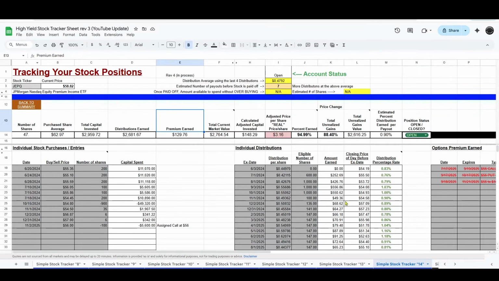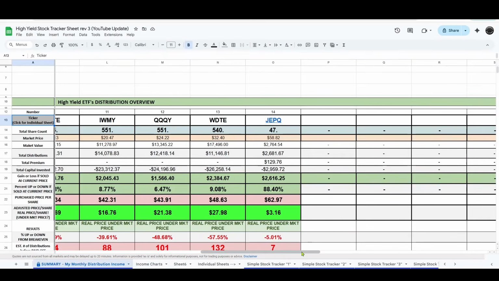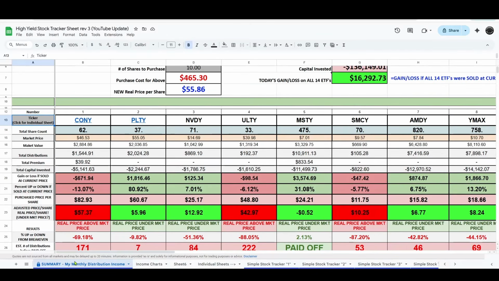And this is all of my purchases and distributions for JEPQ, as that is the individual tab that I have for this one. And then I can quickly, again, go straight back to the summary page the same way. Boom. Now I'm right back to where I was at. So this can help to add a little bit more efficiency to this sheet, and also just simply be able to find that sheet quickly.